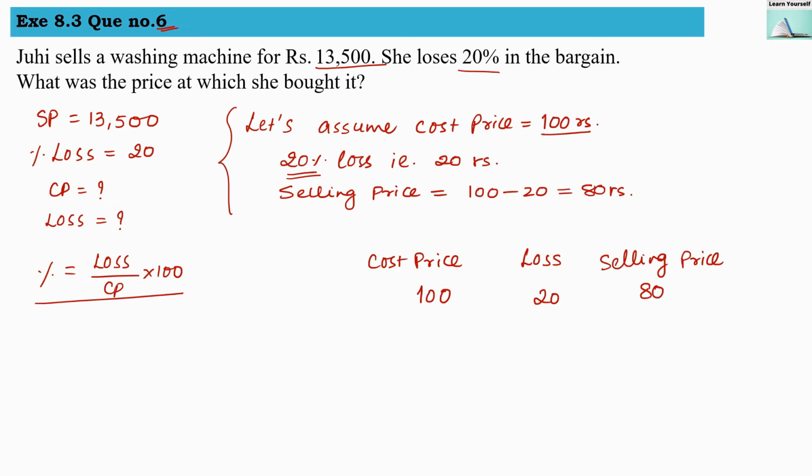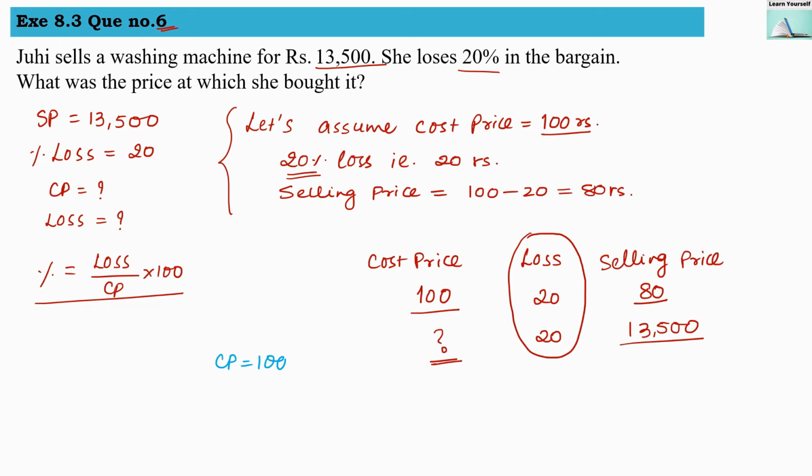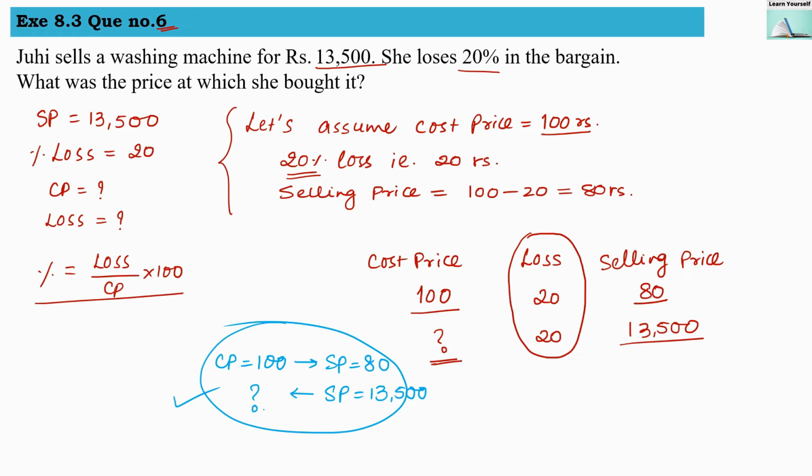So if our selling price is 13,500, then what will be our cost price? The loss is common here, so we are not going to count it. So CP is 100 when the selling price is 80. If the selling price is 13,500, what will be the cost price? With this unitary method, we are going to find out the cost price.